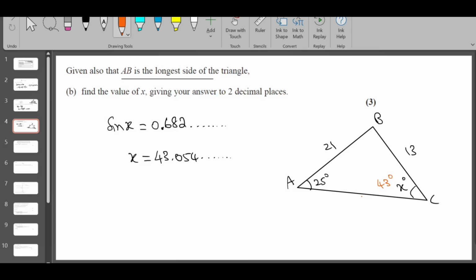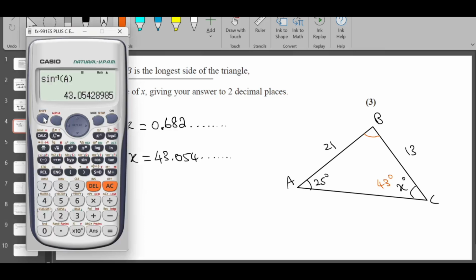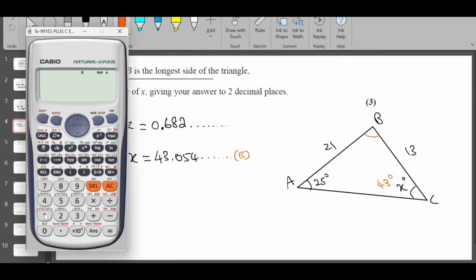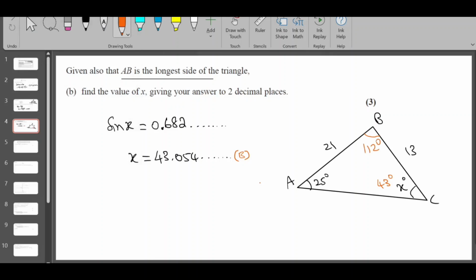We know interior angles add up to 180, so what should be this angle? First of all let me store this value as B. Okay, now the third angle will be 180 minus 25 minus 43. It should be 112. That's the largest interior angle, so definitely the opposite side AC will be the longest side, not AB, right?